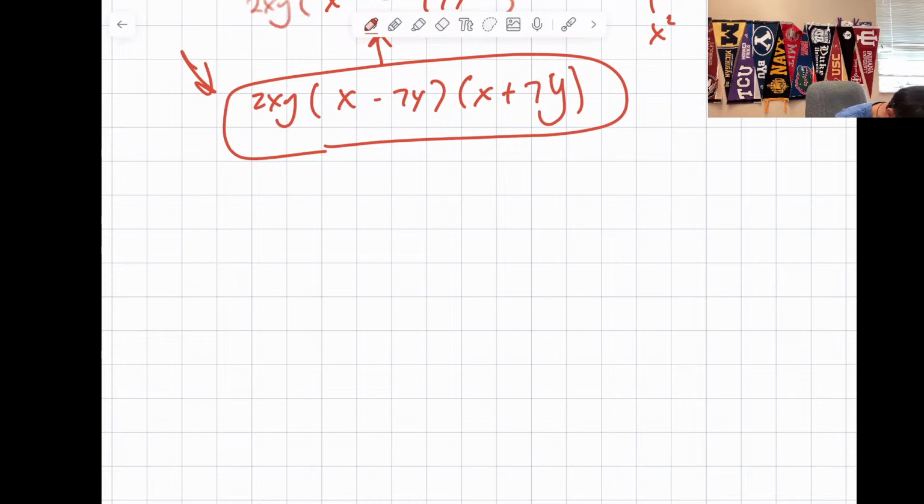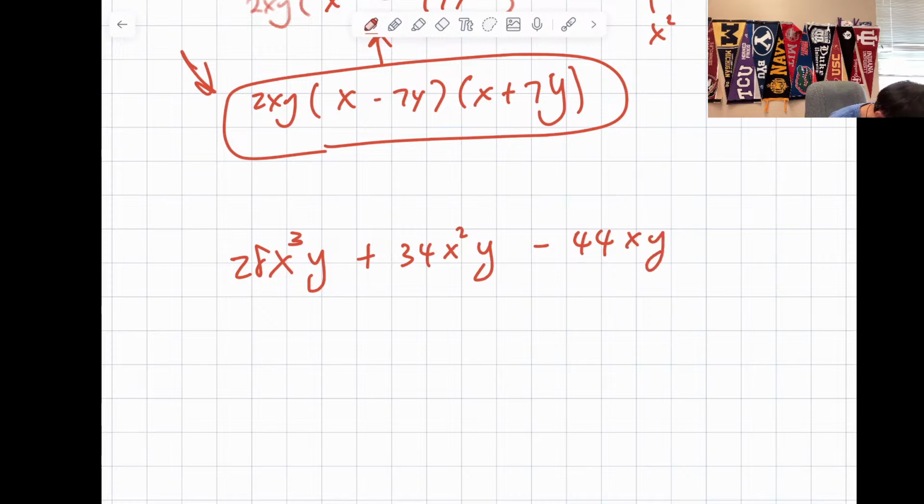Let's say 28x to the third y plus 34 of x squared y minus 44xy.